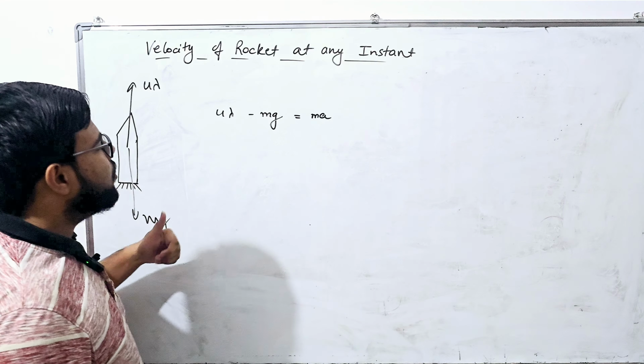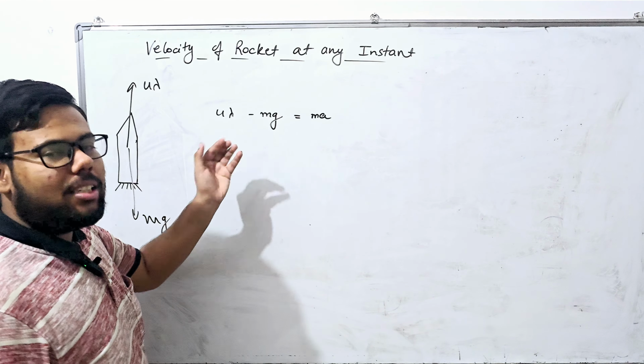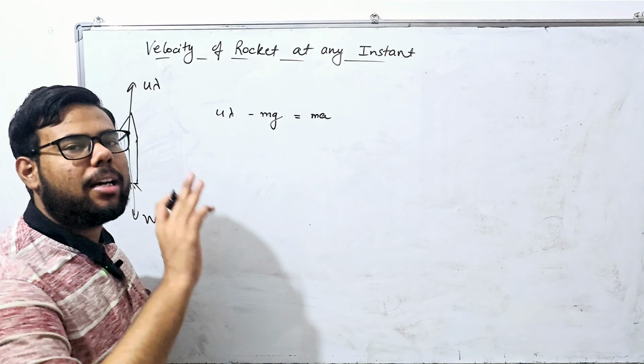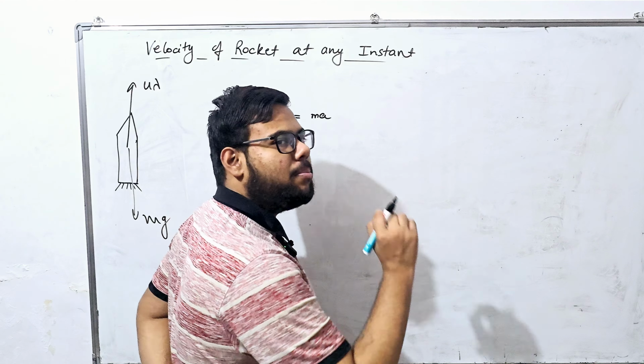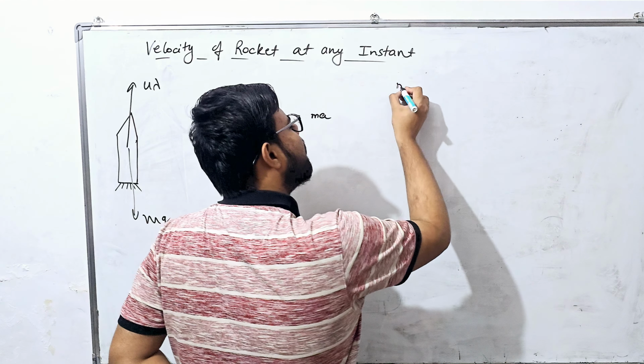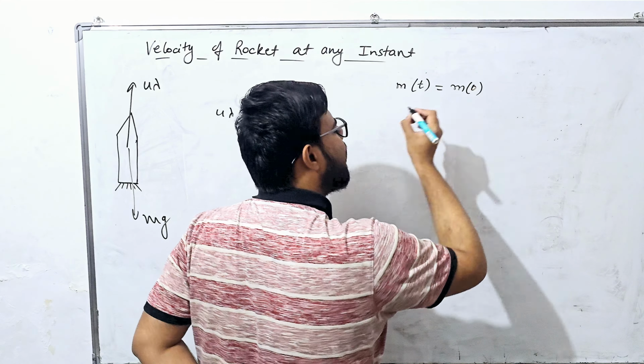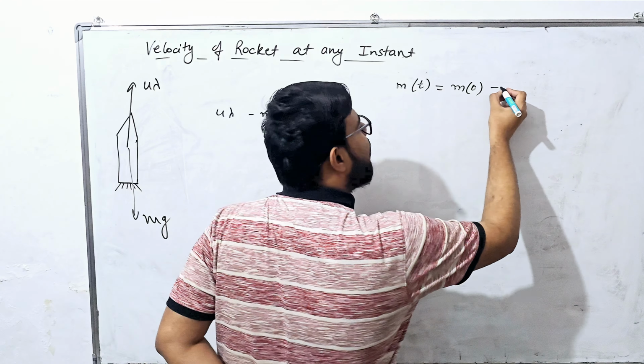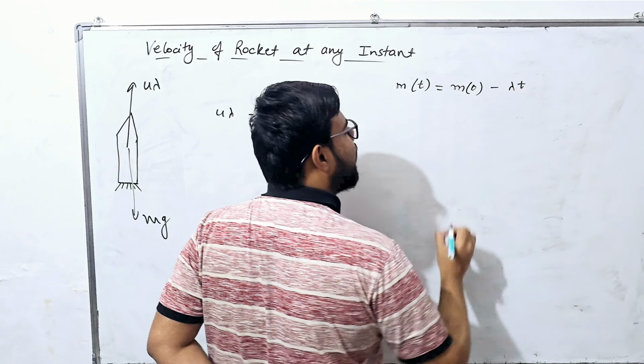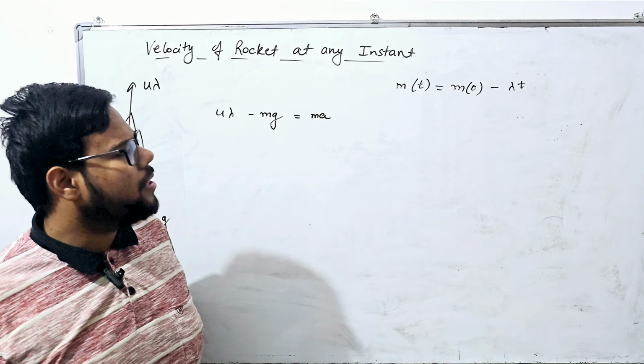Before going to the velocity, you should know that this mass is not the initial mass of the rocket, because the fuel is being ejected. That is why the mass at any time t is given as the initial mass m0 minus lambda times t. But why lambda times t?